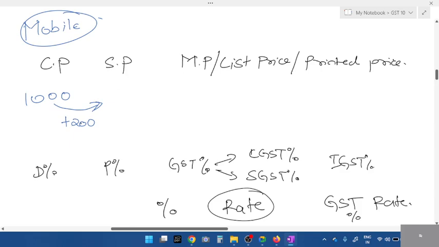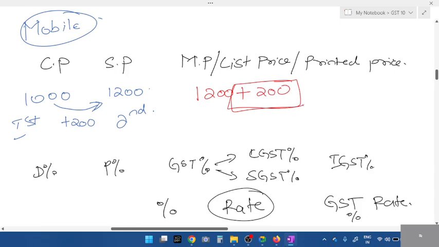He keeps a profit of 200. The one who's going to sell, so this is 1,200. Now this is the first person selling it to the second person. The second person takes this 1,200 and adds another 200. Whatever we add extra, whatever we reduce, comes under mark price.